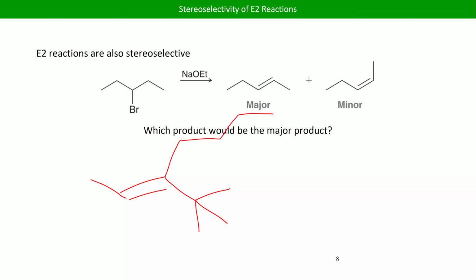It'd be long, this is a complicated branch, so we'd have to name it with parentheses. But other than that, 1, 2, 3, 4, 5, 6, 7, so it'd be heptene, 2-heptene.